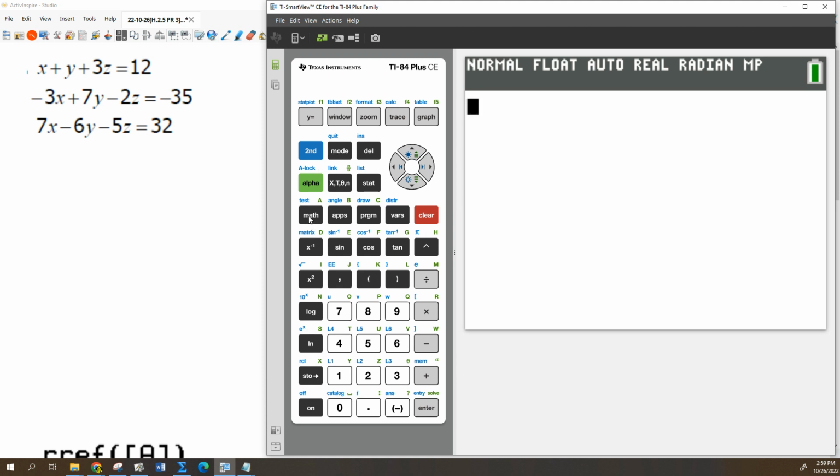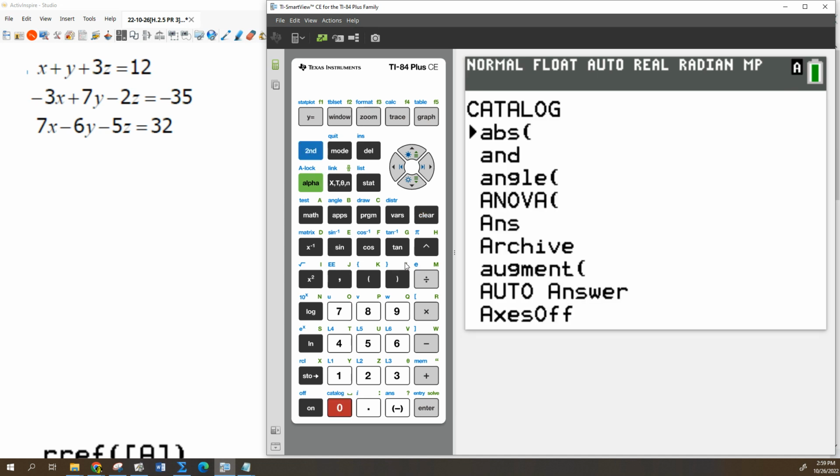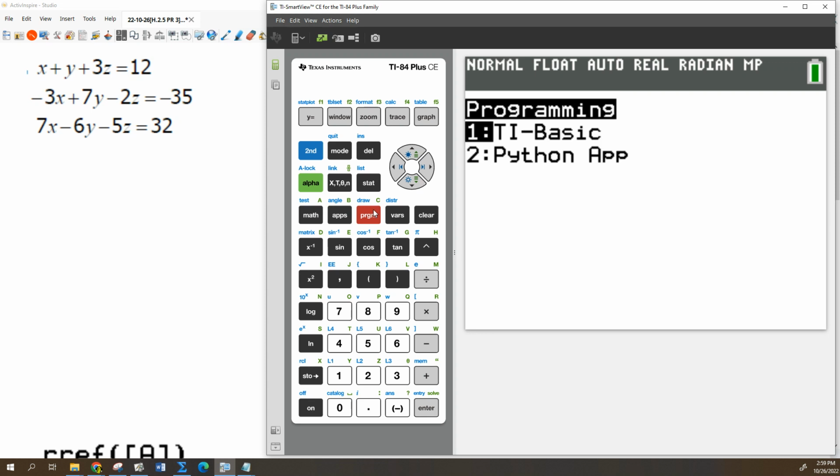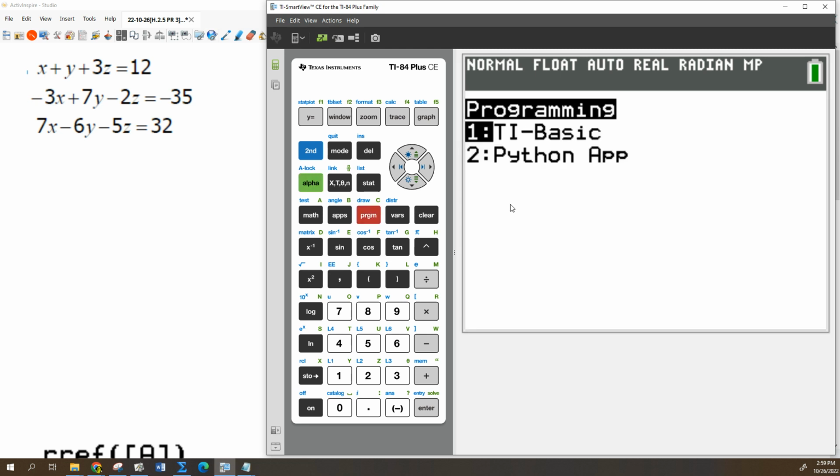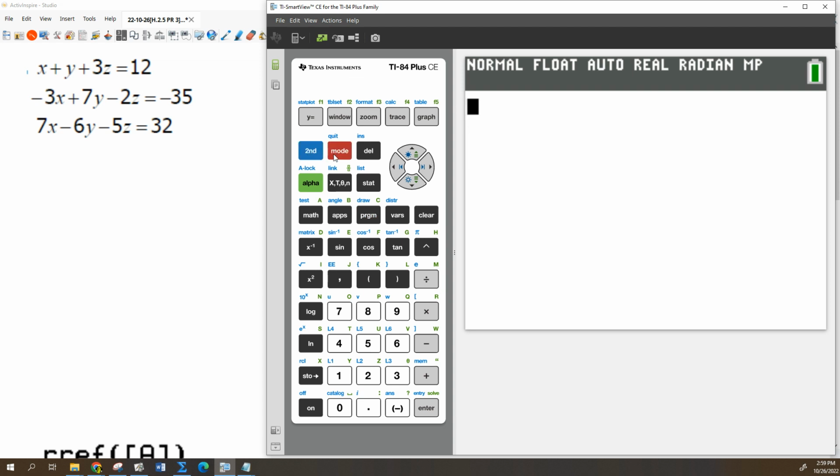Okay, and I'm going to, how do I clear? Let me try something here. Catalog. Alpha C. Oops, that's not what I want. Quit. Catalog. Oh, why is it doing that? You don't have to wait. I don't know what it's doing.